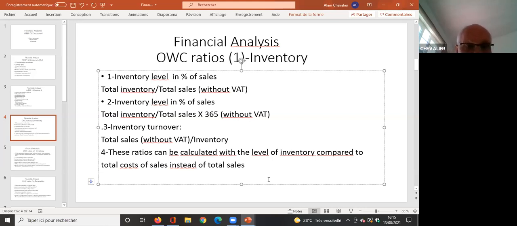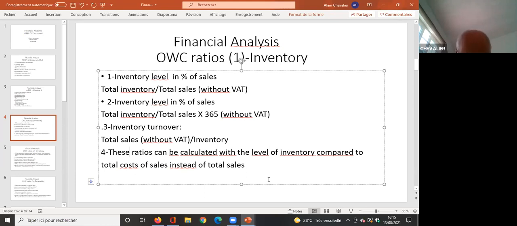And it is inventory level, the total inventory you find in the balance sheet, in percentage of the sales. To be more clear, it is total inventory as it is in your balance sheet on total sales.